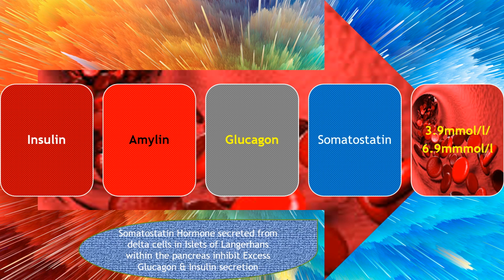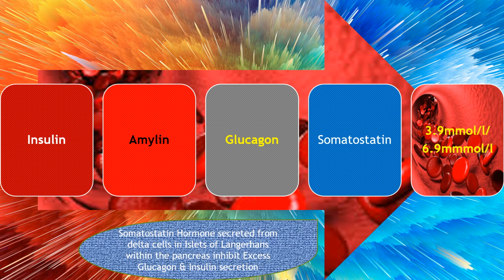When the blood glucose concentration is high, insulin hormone is secreted, which transports excess nutrients to storage. And when the blood glucose concentration is low, the glucagon hormone is secreted to break the stored nutrients to form glucose, which is added into the bloodstream.